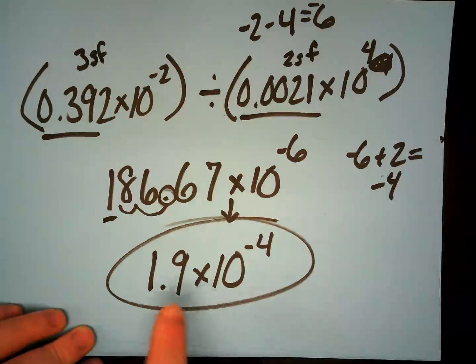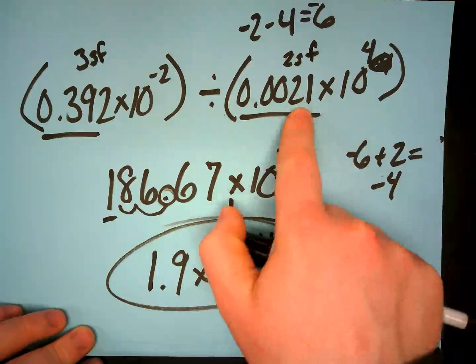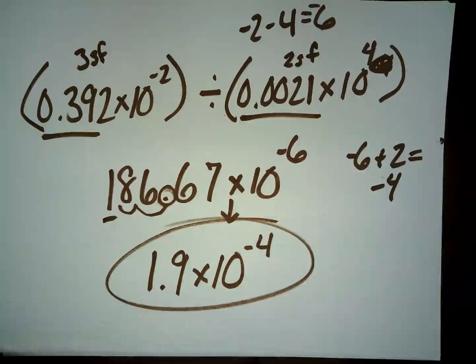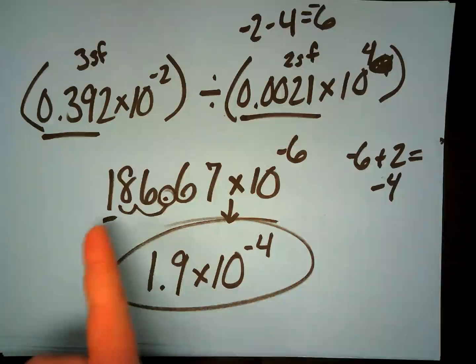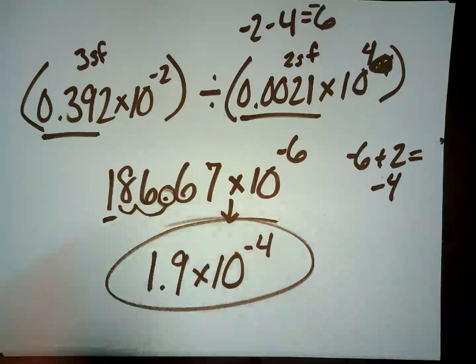So because this is the lower number, my answer needs to reflect that and show only 2 sig figs. And in this case, I would count the 1 and then the 8, and then I look to see what's to the right of the 8, which is a 6. So I would round up. So I would have 1.9 times 10 to the negative 4th power.